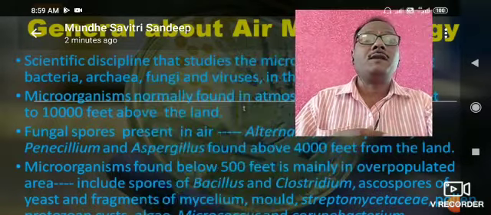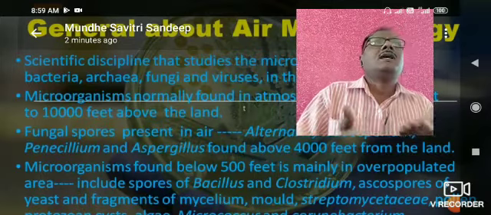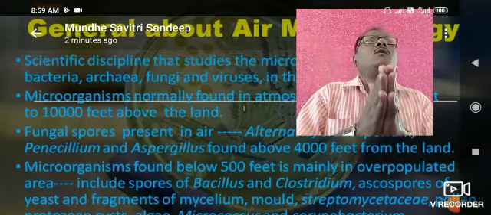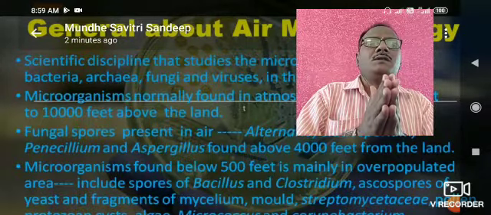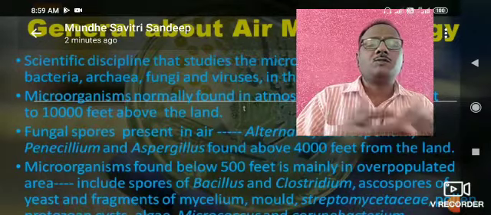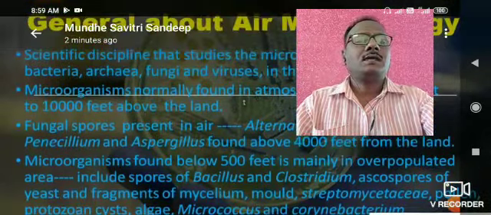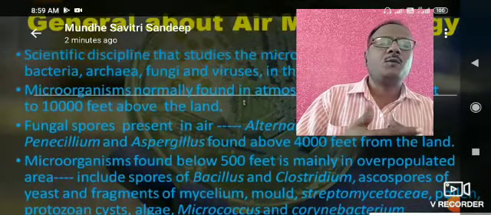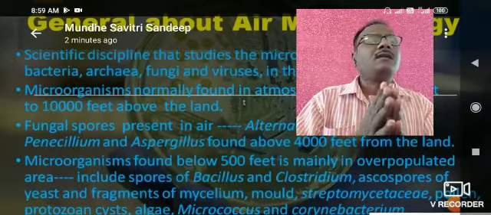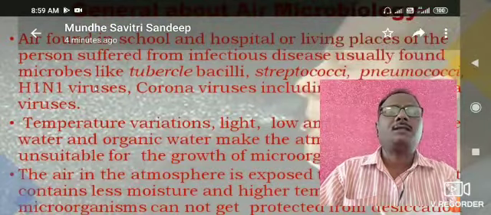It means that they are very small in size. Apart from that, just above the surface of the land, a huge number of microorganisms are spread, especially Bacillus, Clostridium, ascospores, yeast, mycelium, Streptomyces species, pollen, protozoa cysts, algae, Micrococcus and Corynebacteria. These are the microorganisms generally present.